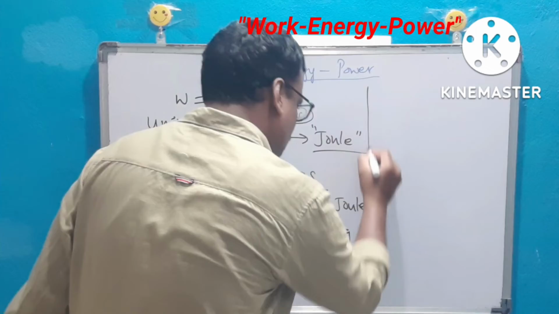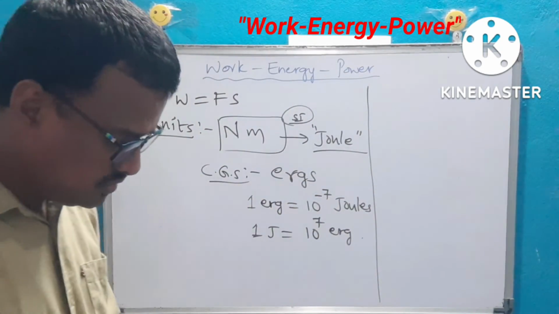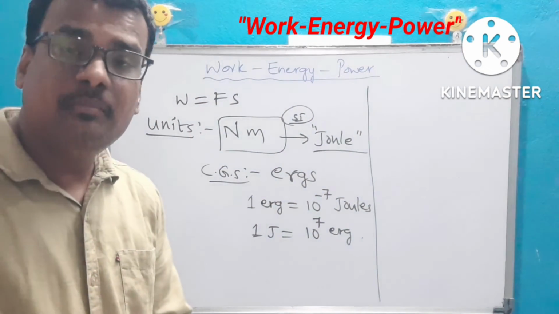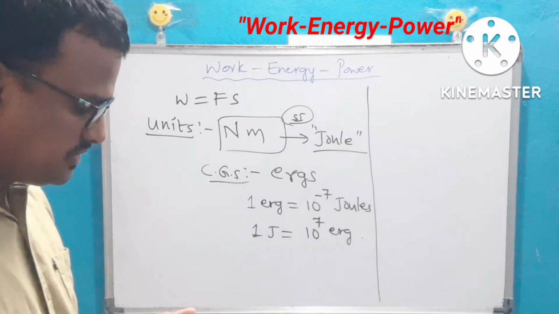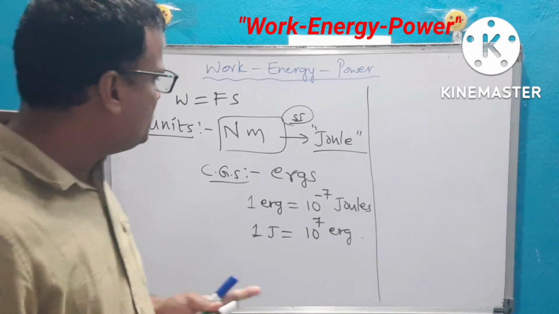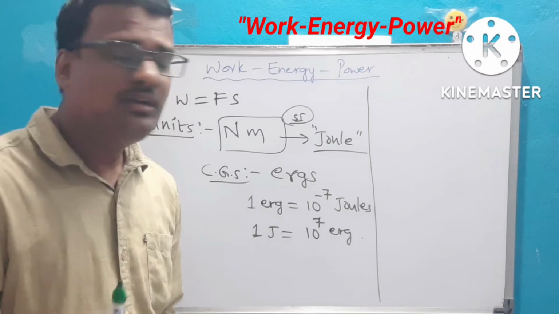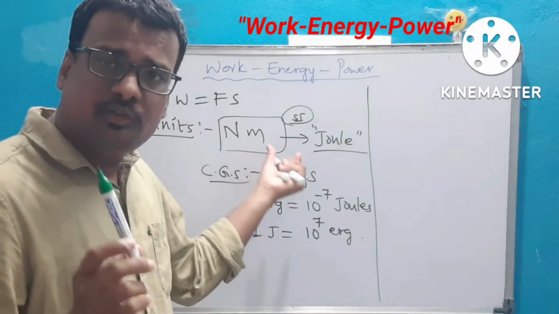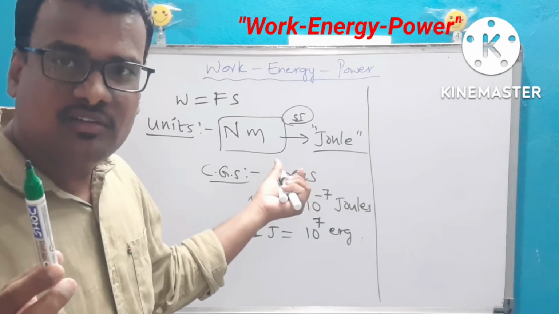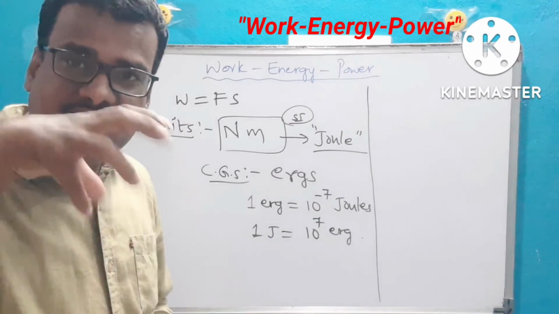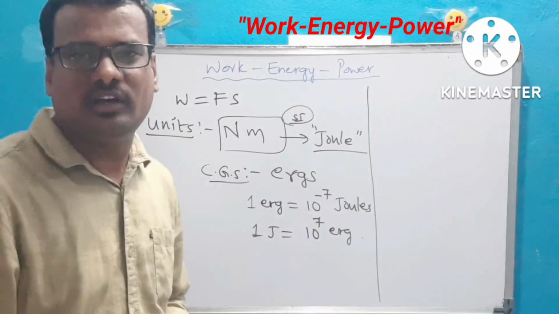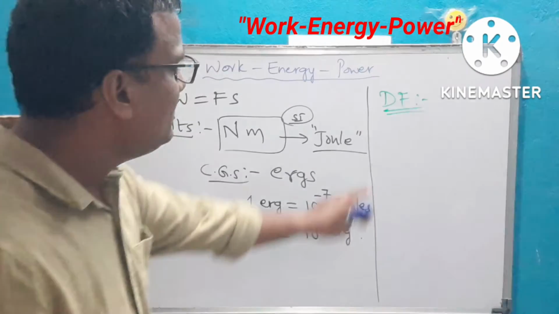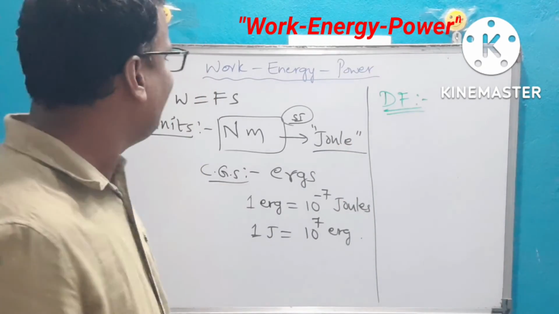Now we have to derive the dimensional formula also from this equation. You must remember that the units or the dimensional formulas can be derived from the equation only. Now we have to derive the dimensional formula for the work done.